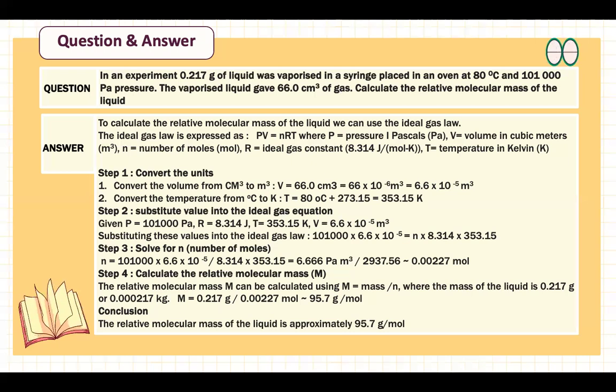Step 4, calculate the relative molecular mass, using the formula M equals mass divided by n, where the mass of the liquid is 0.217 g. M equals 0.217 g divided by 0.00227 mole, and you get a molecular mass of the liquid of approximately 95.7 grams per mole.